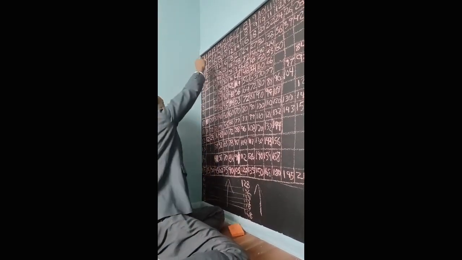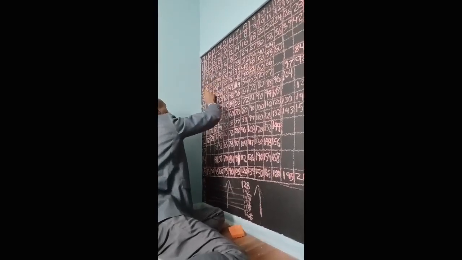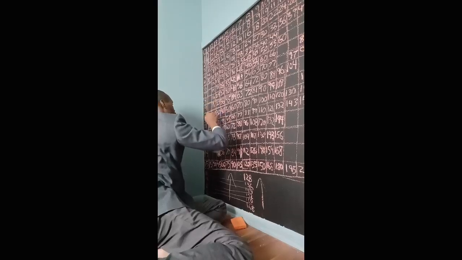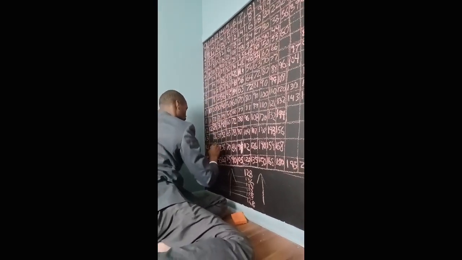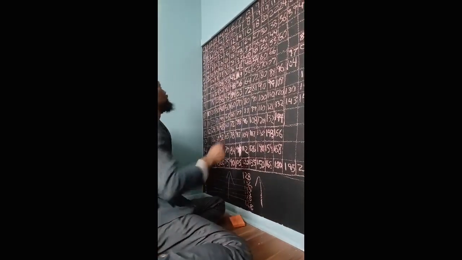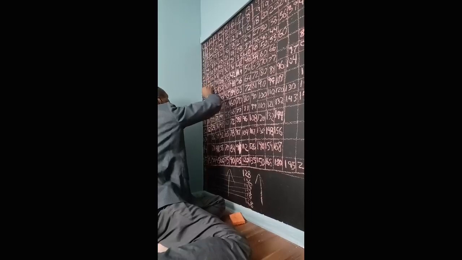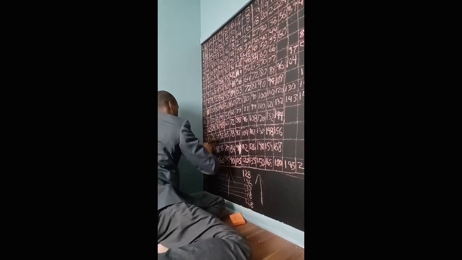Count my 2s. 2, 4, 6, 8, 10, 12, 14, 16, 18, 20, 22, 24, 26, 28. Start by 1s. 1, 2, 3, 4, 5, 6, 7, 8, 9, 10, 11, 12, 13, 14.